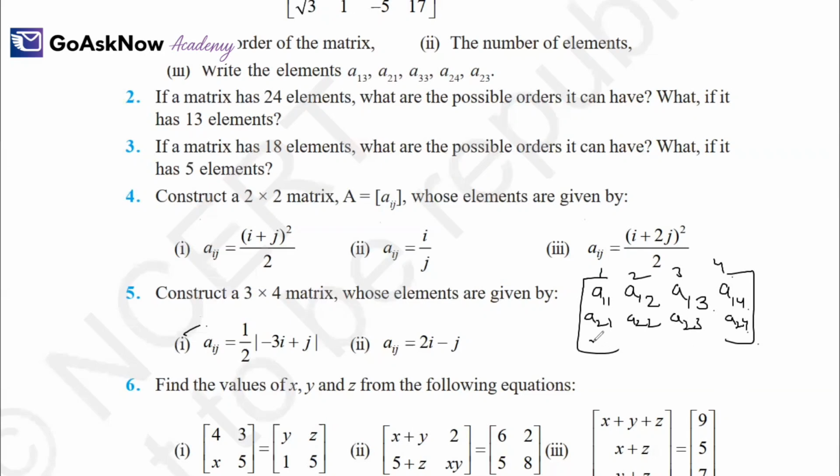And the third one has A31, A32, A33, A34. This is the arrangement of elements and we will find the values of these elements by using the formula Aij. This is a 3 cross 4 matrix and the total number of elements should be 12, and you can see that there are 12 elements. So let us find out the value of each element.